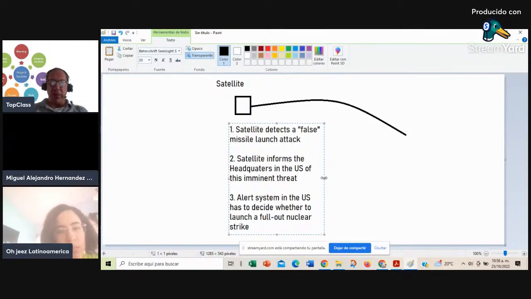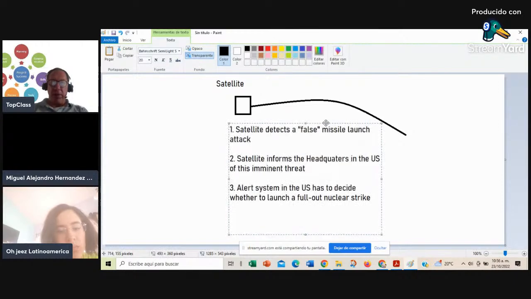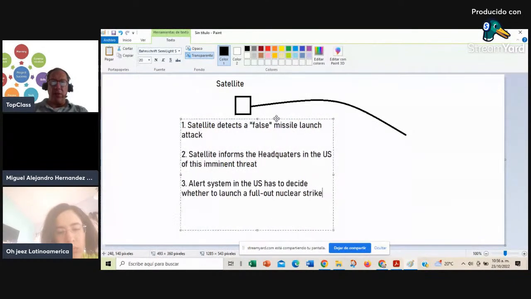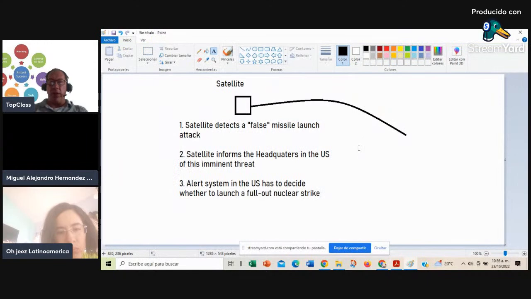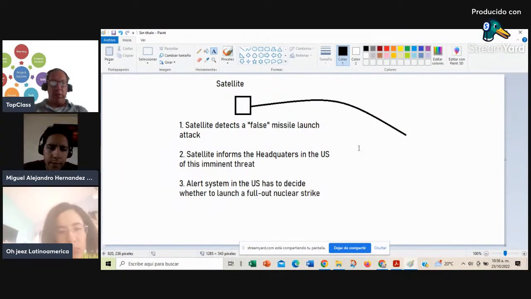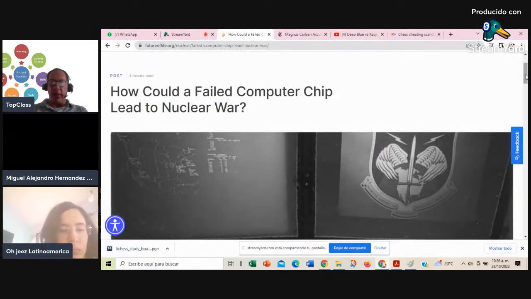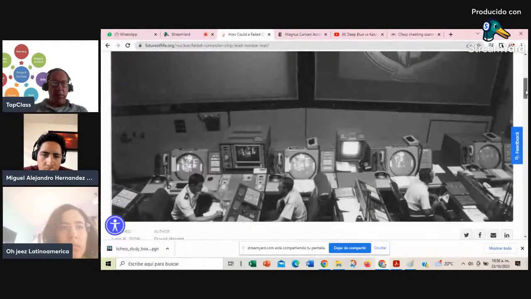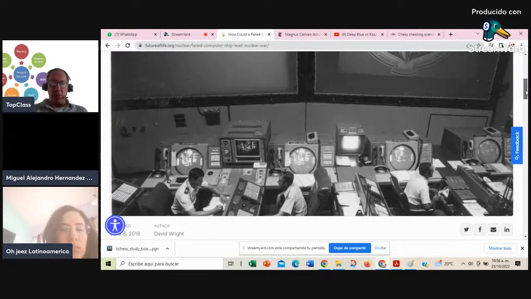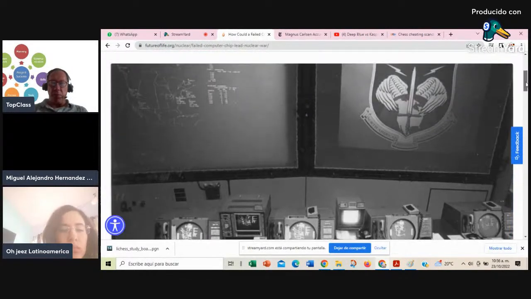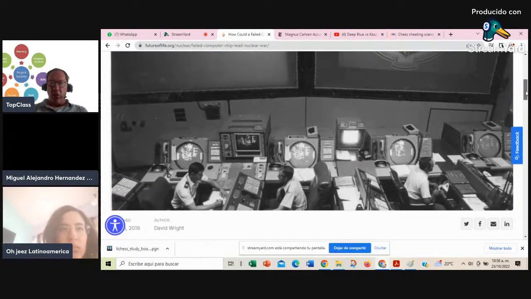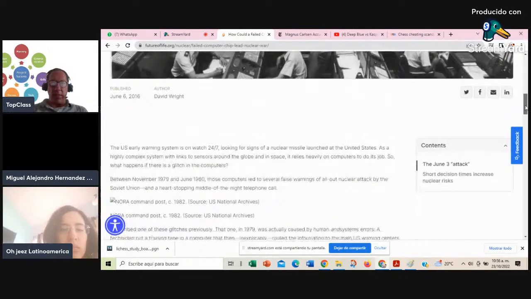Imagine the tension, imagine the risk we are in of a nuclear conflagration because of a computer failure. So let's take a look at this article really quick. This is the headquarters center where they have to decide whether to respond to the threat or to consider it a mistake, a warning system error. This is real life. Don't think this is fiction.